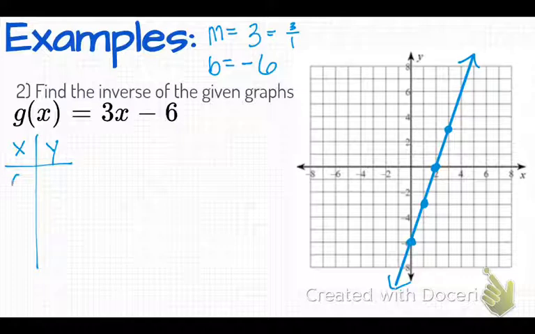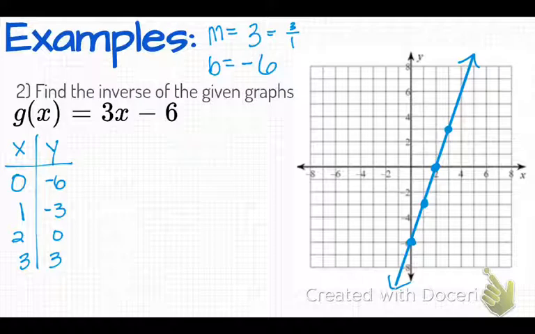Yes, 0, negative 6 is my first point. What's my second point from someone else? 1, negative 3. Thank you, Nathan. Next point. 2, 0. And then do I have any other points? I have one more. What's the last one that I wrote? 3, 3.